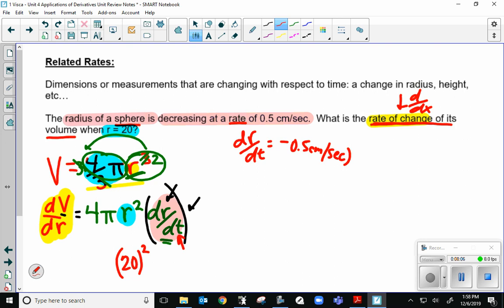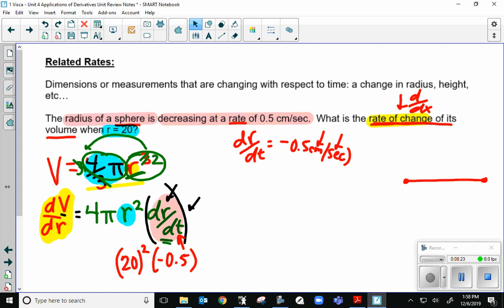It's a rate per time. That's the rate at which my radius is decreasing. So if I start with a bigger radius and my radius is decreasing, the volume should be getting smaller.